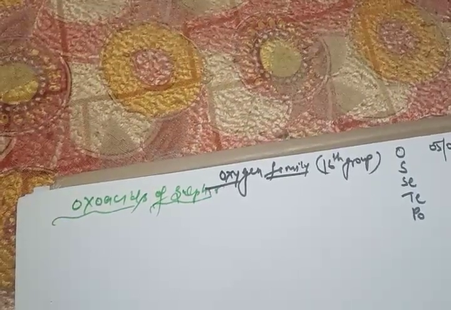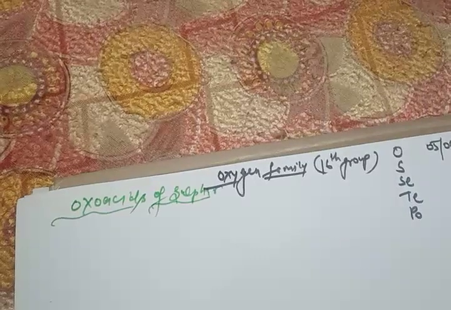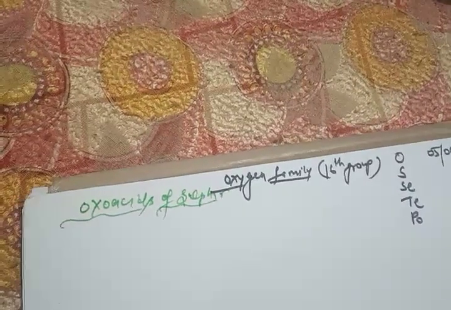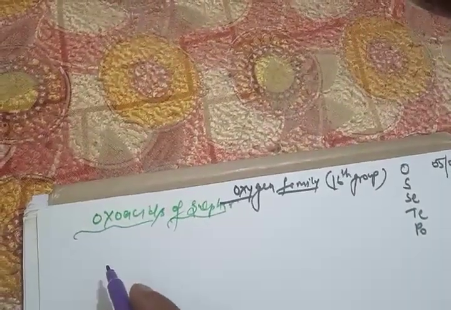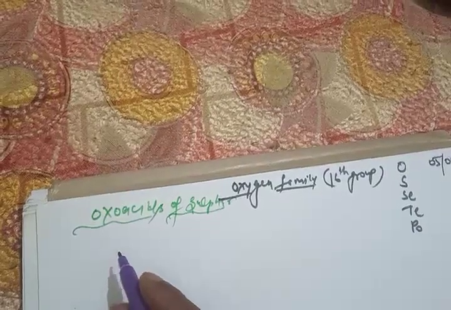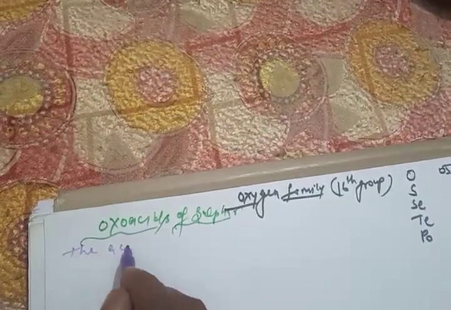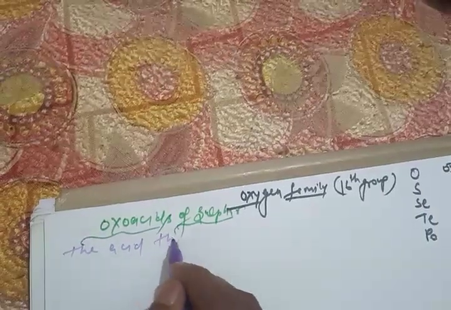So first, as we had already discussed the oxoacids of nitrogen and phosphorus, here we are talking about the oxoacids of sulfur. But what is an oxoacid actually? Oxoacids are basically the acids that contain oxygen.